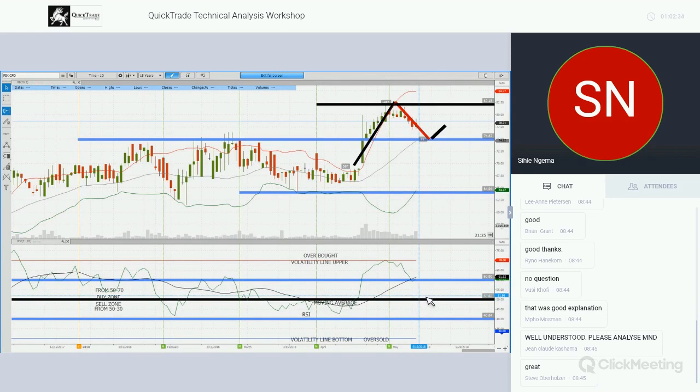So anything above 50, where it is going to be our moving average or area of resistance, which has just turned into support on the Bollinger Bands, will be a confirmed buy for the share price of Pick n Pay. So our RSI indicator is giving us the same signal as the Bollinger Bands on our main chart. So Pick n Pay is a confirmed buy, looking at how we have just analyzed our indicator.